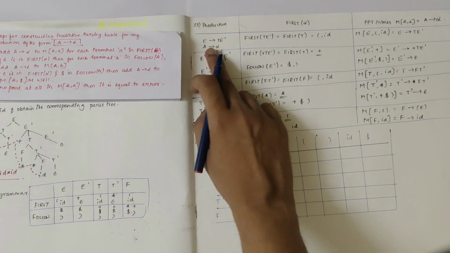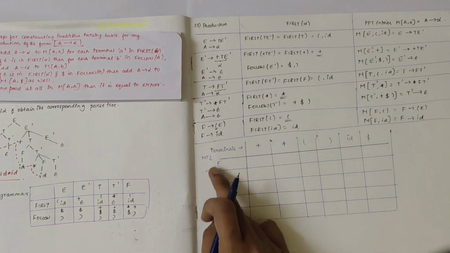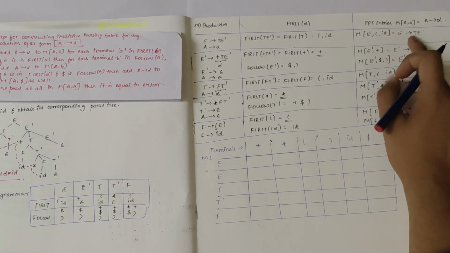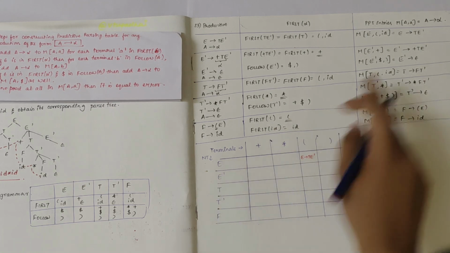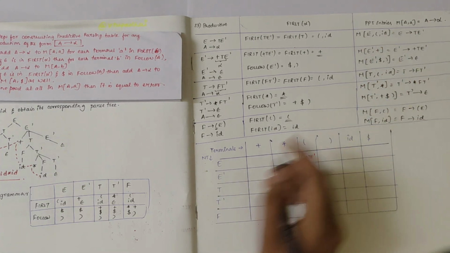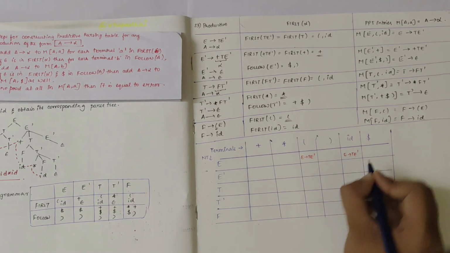So for M of E comma open bracket, we have E derives TE dash. E comma ID also we have E derives TE dash.